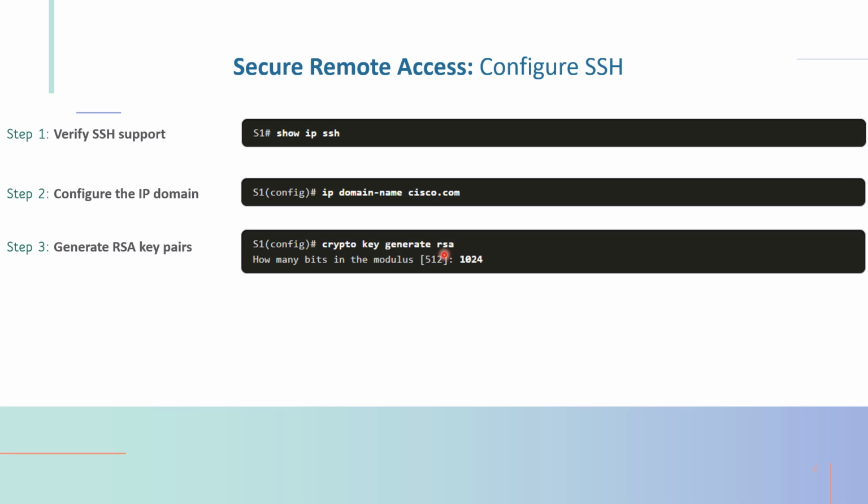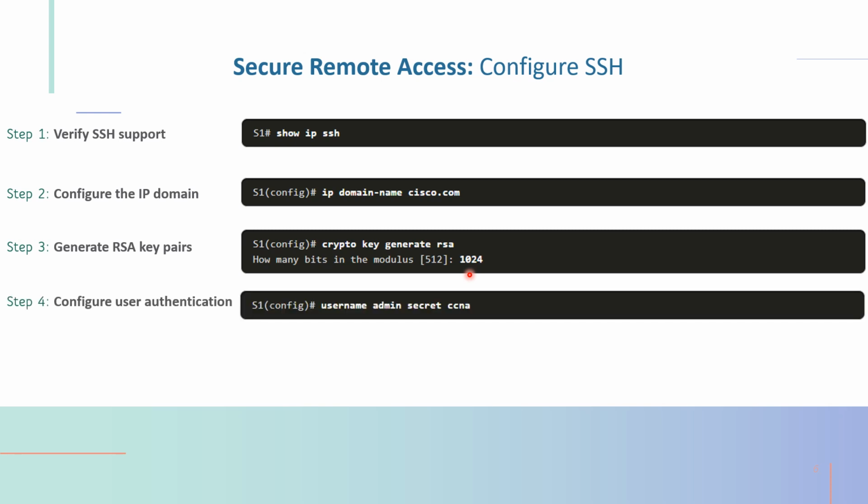When generating this, the administrator is prompted to enter a modulus length. In the sample configuration in this figure, you can see that it will be 1024 bits. A longer modulus length is more secure, but it takes longer to generate and to use. So the best practice is to use this kind of length for the modulus size.